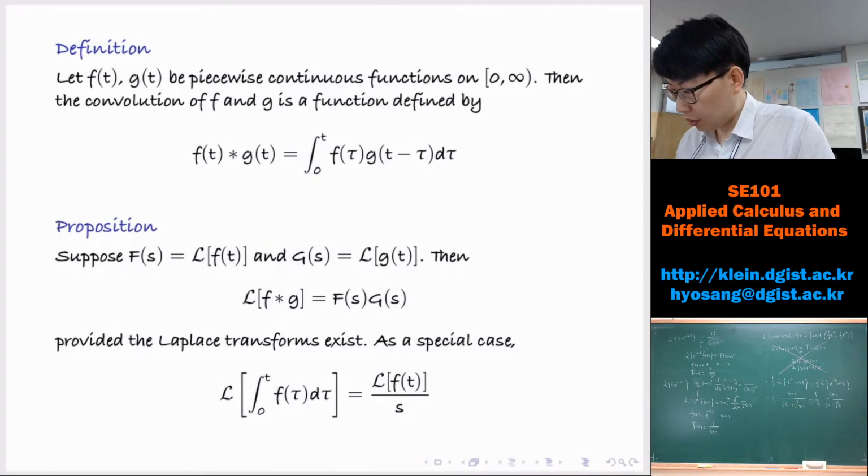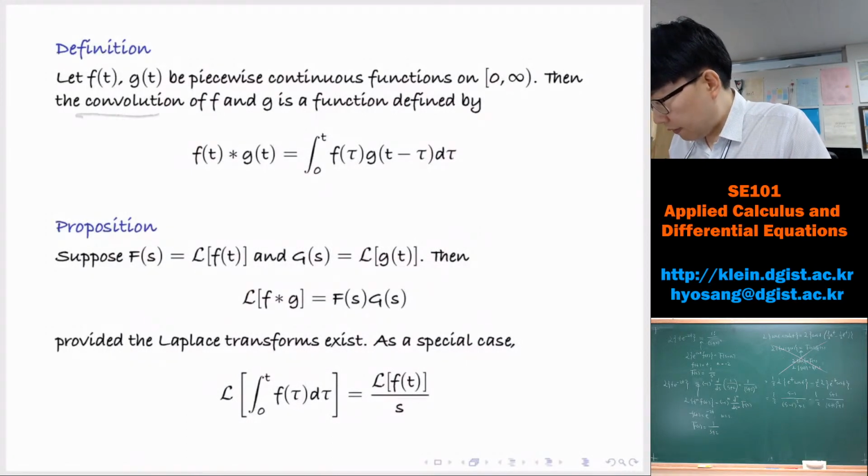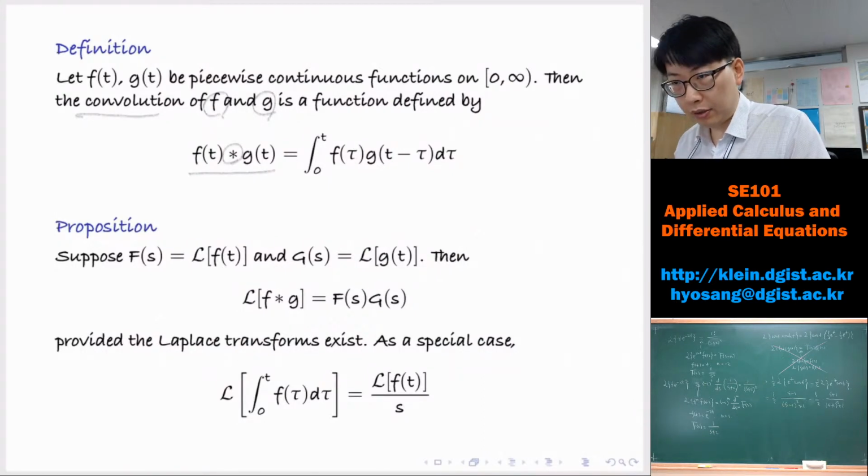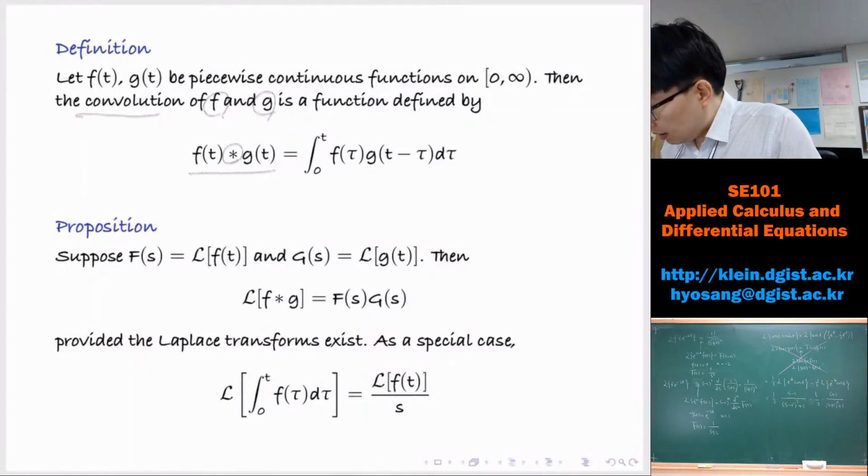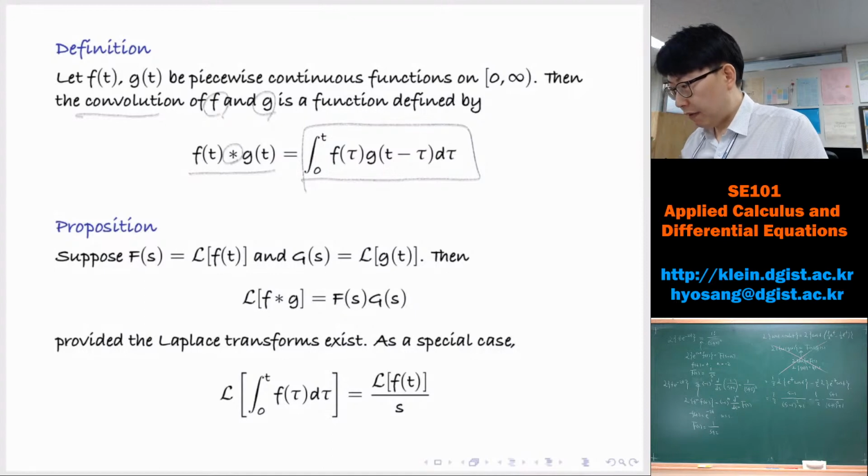What is the convolution? The convolution of f and g is denoted by this asterisk here instead of a dot, because the dot represents the product, as this integral of f of tau times g of t minus tau.